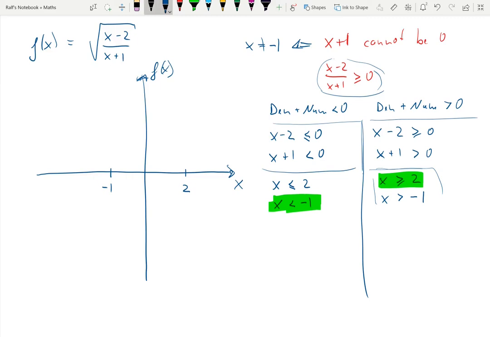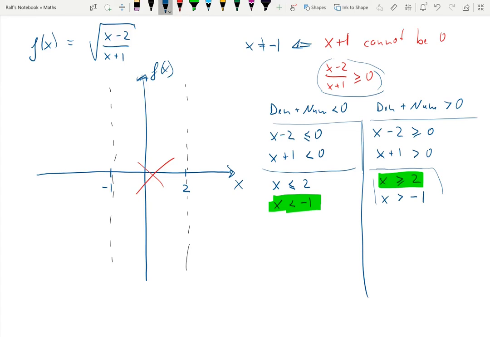So these are important points here, the 2 and the -1. What we already know is that values in between do not belong to the domain. Okay, our x has to be smaller than -1 or larger or equal to 2.